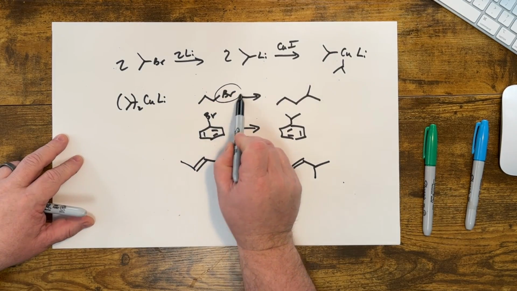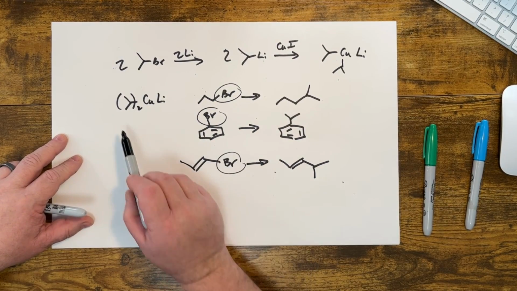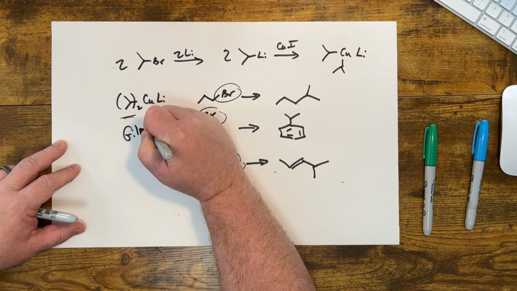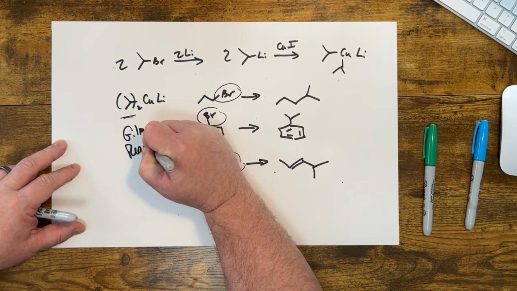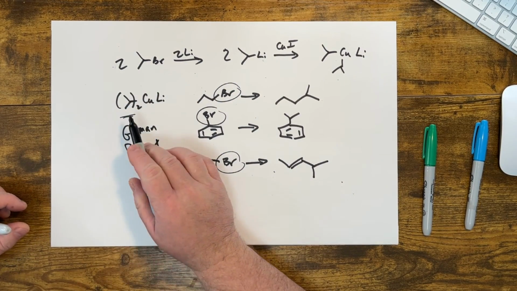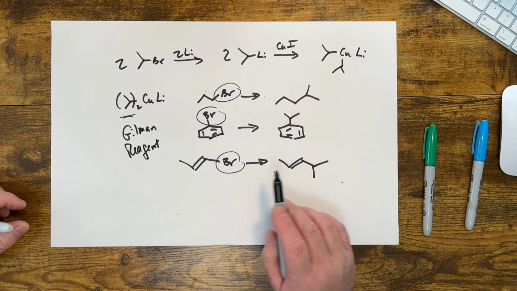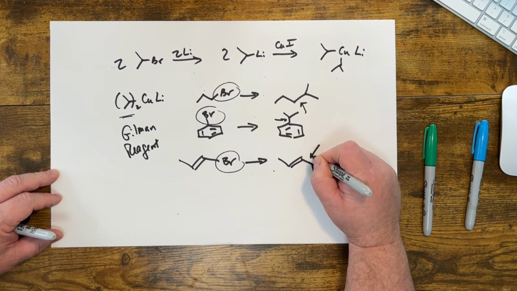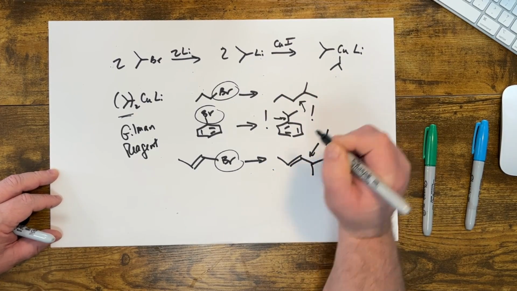So you replace the leaving group with whatever the R group is. This is my Gilman reagent. The copper lithium with 2 organic groups on it, and then those can directly replace a bromine and make new carbon-carbon bonds, which is awesome.